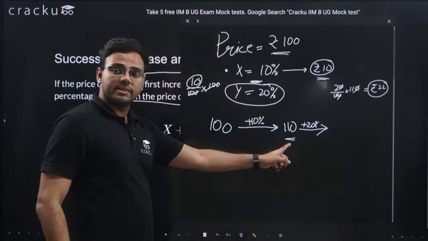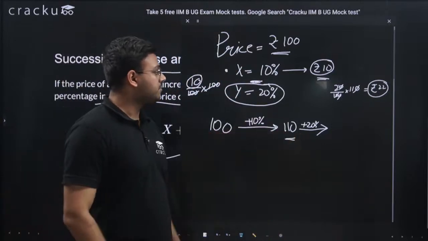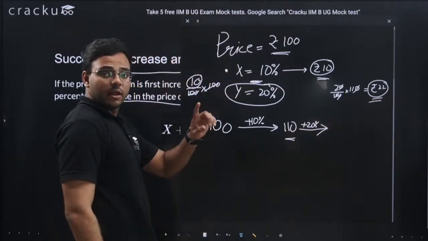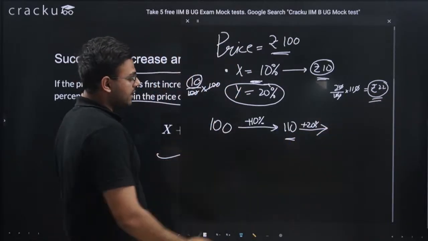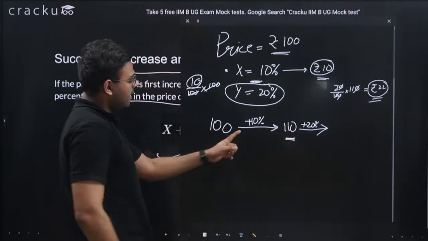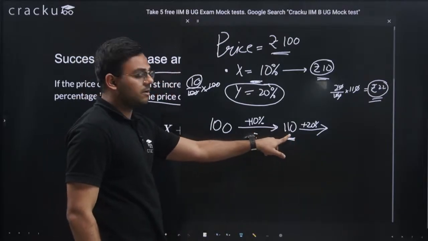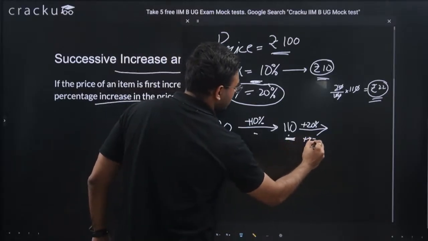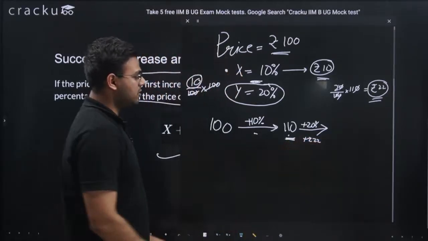So from 110, the increase of 20% is 22 rupees. There is an addition of 22 rupees to this 110 rupees.